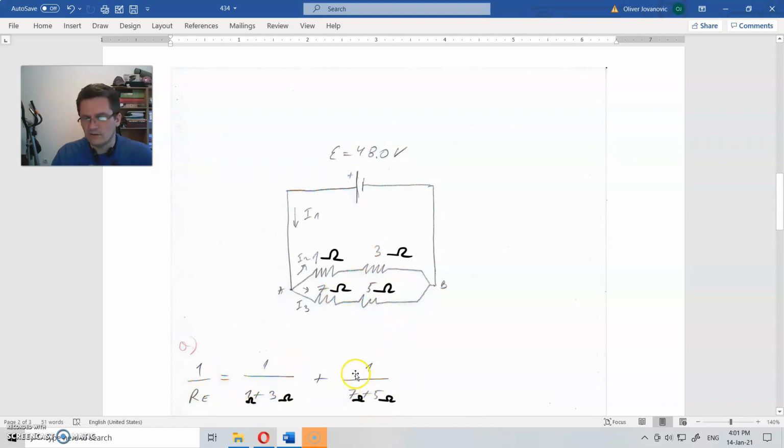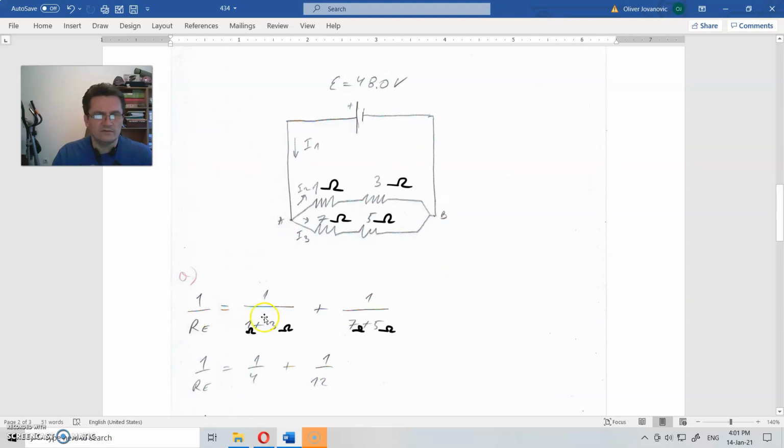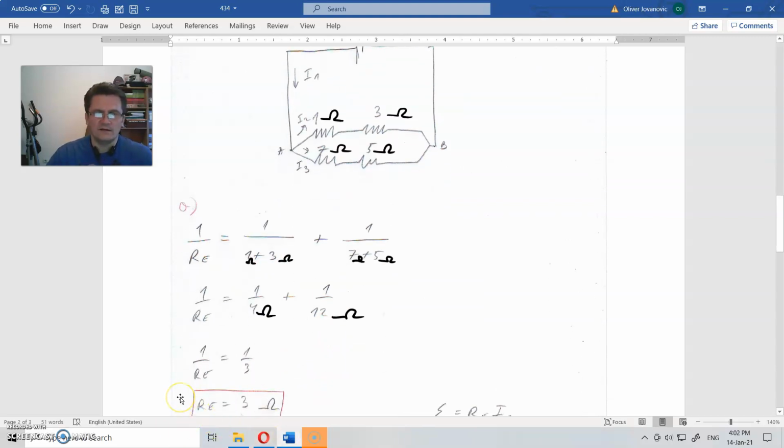So this is how you calculate resistance for parallel connected resistors. And from here you will get 1 divided by 4 ohms and 1 divided by 12 ohms. And from there, that is 1 divided by 3 ohms. Why? You see, you have to multiply this thing by 3.